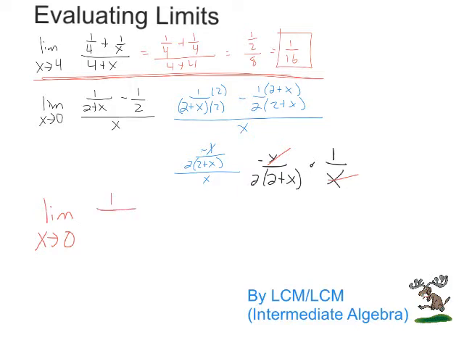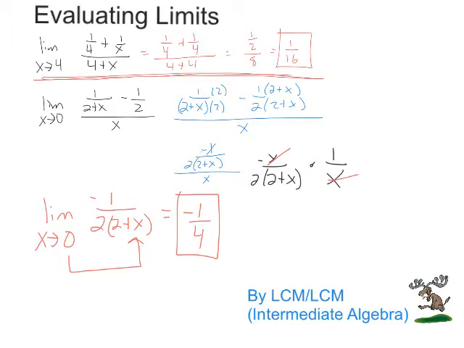We've used least common multiples or least common denominators to rewrite the expression like this. And now let's try direct substitution. If we plug 0 in, we are going to get negative 1/4 as an answer. So using least common multiples or least common denominators is a little bit more advanced algebra, but not too difficult.